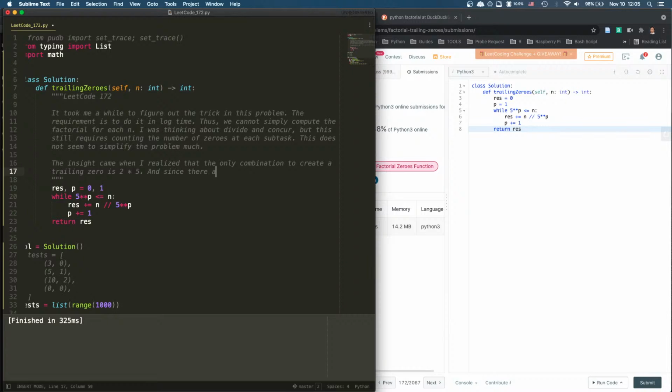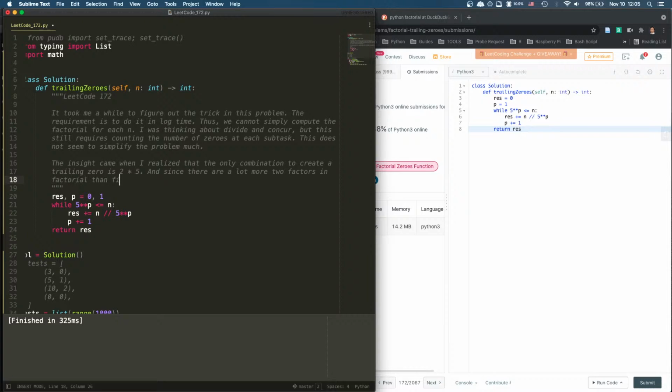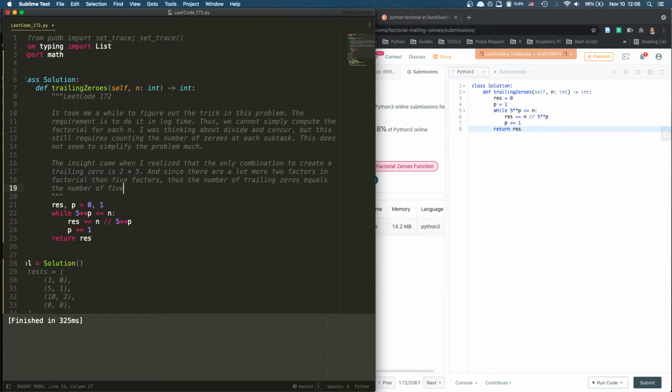And since there are a lot more 2 factors in factorial than 5 factors, thus the number of trailing zeros equals the number of 5 factors. In other words, we only need to find all the 5 factors from 1 to n.